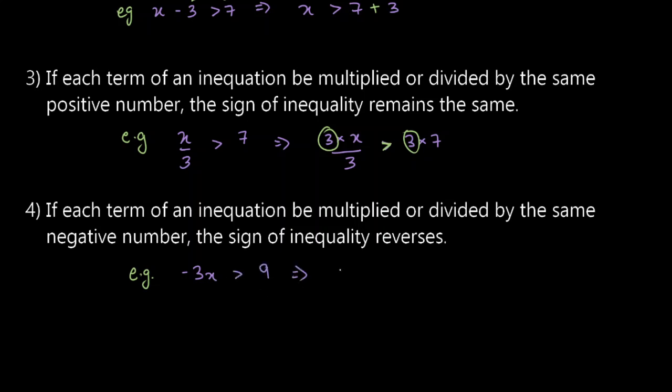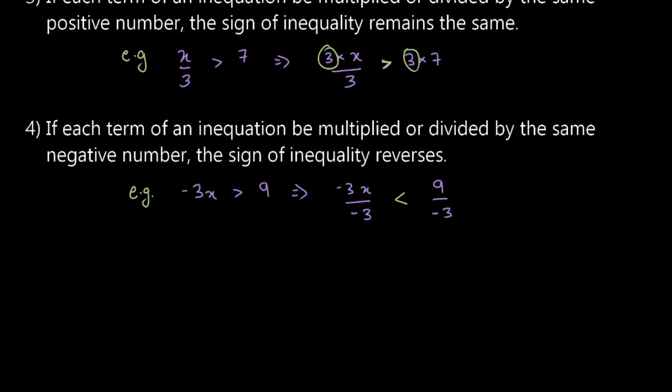Now, suppose I divide both the sides by minus 3. So I have minus 3x upon minus 3 on one side, and I have 9 upon minus 3 on the other side. So I've divided each term of the inequation by a negative number. So the inequality sign must reverse, right? It was opening to the left hand side, and on dividing by a negative number, now it is opening towards the right hand side.